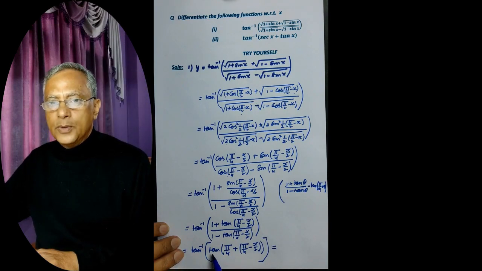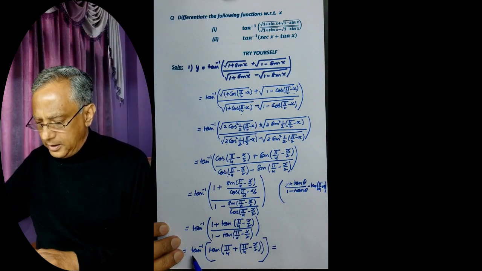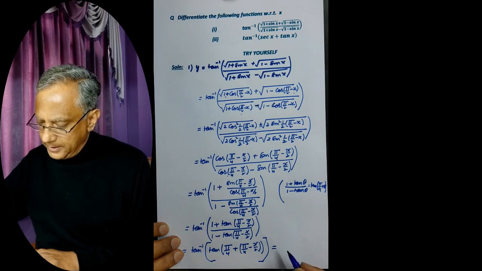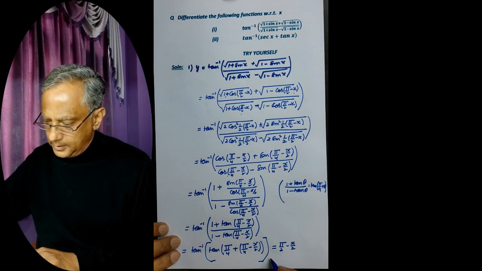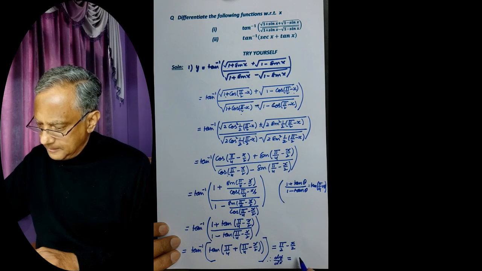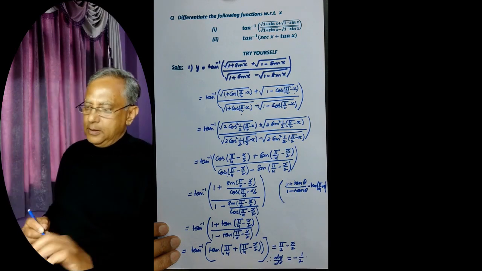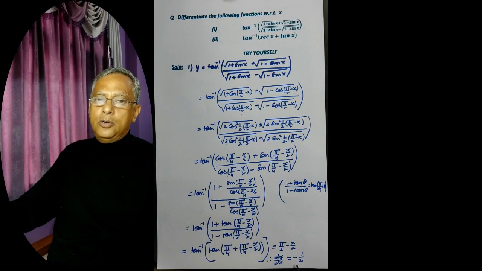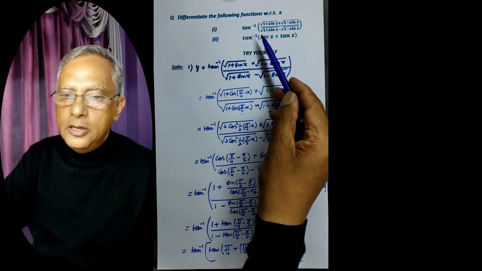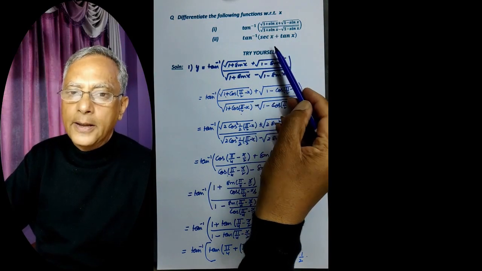Tan inverse and tan is identity function. Therefore, tan inverse of tan x is x. So we will get pi by 4 plus pi by 4 is pi by 2, pi by 2 minus x by 2. And therefore, dy by dx is equal to, now this is 0 and differential of this is minus half. Differential of this is 0 and differential of this is minus 1 by 2. And this question you can try yourself on similar lines.